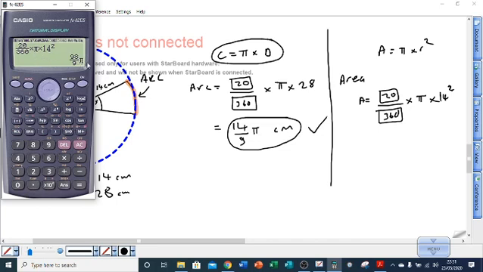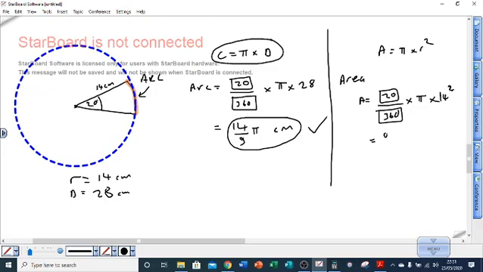So it gives you 98/9 pi, and it is an area. It is the area of the space inside that, which is centimeters squared. Okay, and that is what you get for the area inside that sector. That's how you get the area.